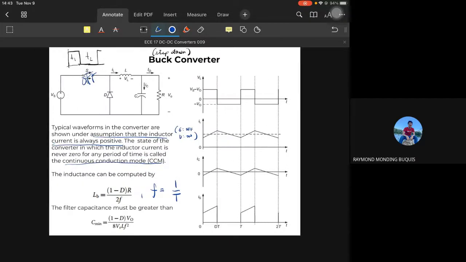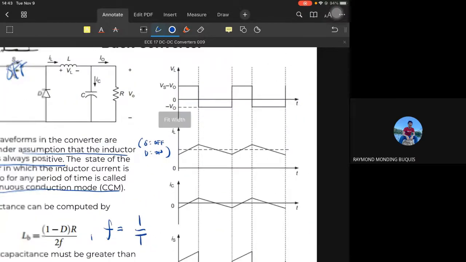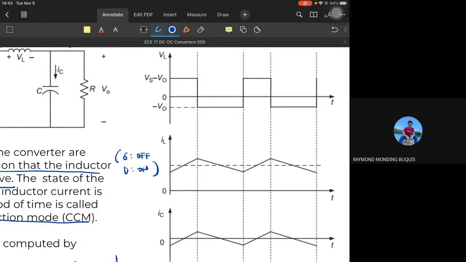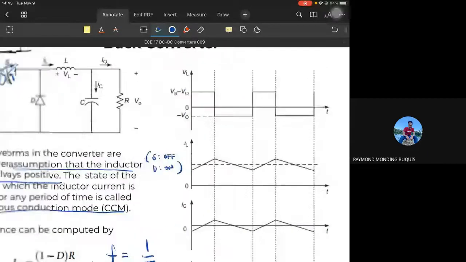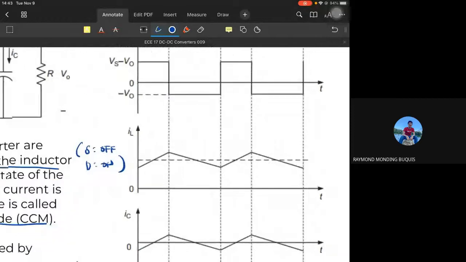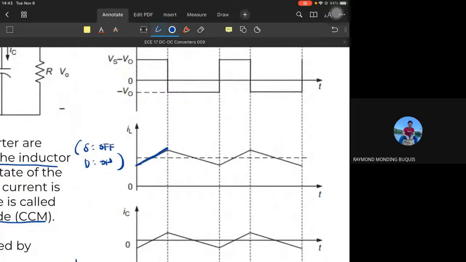So on the graph, same as earlier with the DC chopper, for the positive portion of the input, with VL equal to VS minus VO, the current in the inductor will rise. In the negative portion, it goes down. Earlier, if the period is long, we don't want the current to decay until it reaches 0.